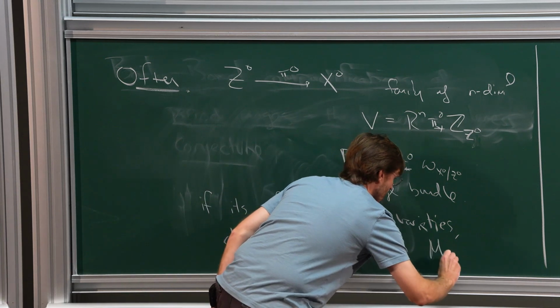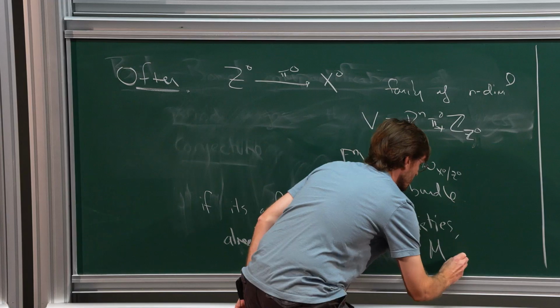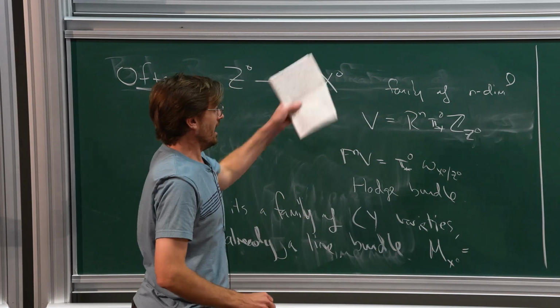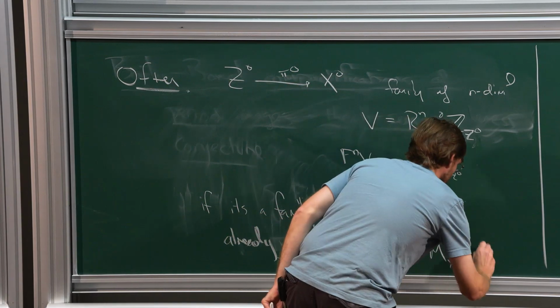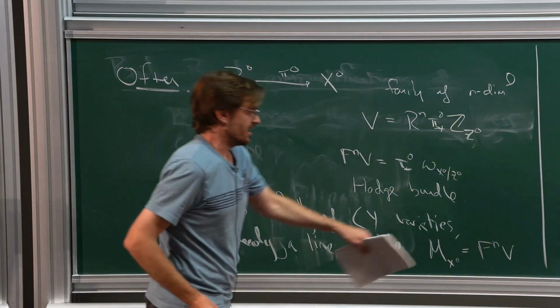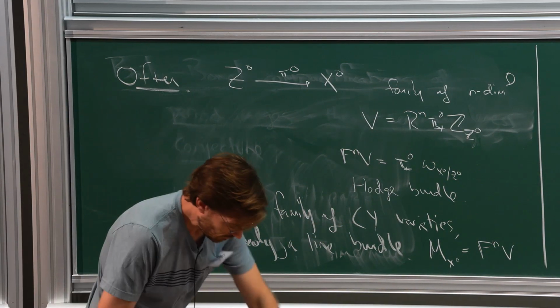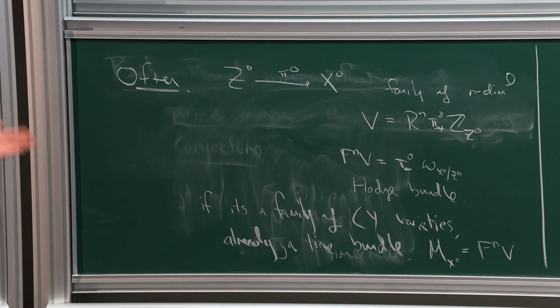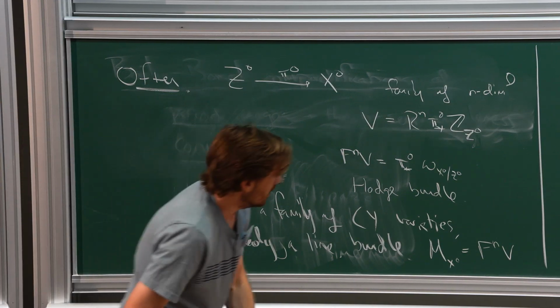I'll call that M to distinguish it from L, which is the tensor of the determinants of all the Hodge filtration pieces. Again, this is in the case when it's already a line bundle. Okay, so this is a semi-positive line bundle.